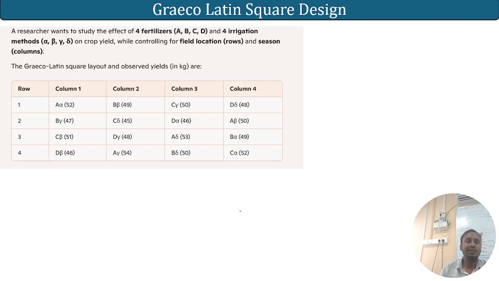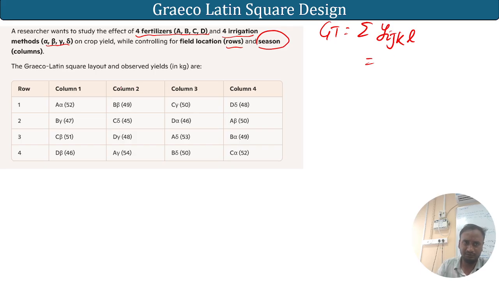So here what do we have? We have 4 fertilizers as one treatment, 4 irrigations as the second treatment, while field is the row and season is the column. So we'll start with the grand total, the summation of Y ijkl: 52, 49, 50, 48 till 52.